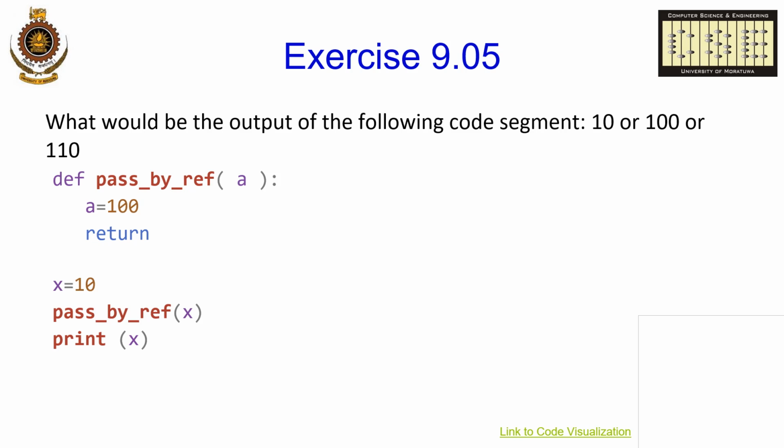Try to then understand, try to see what the actual output is, and then if you got it right, great. If you got it wrong, don't worry, learn from it so that your knowledge of how functions are called gets clearer.